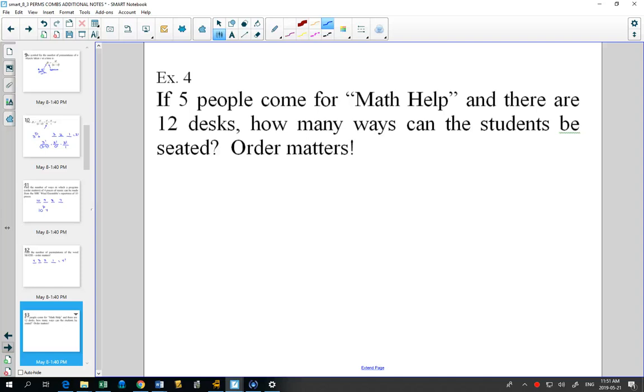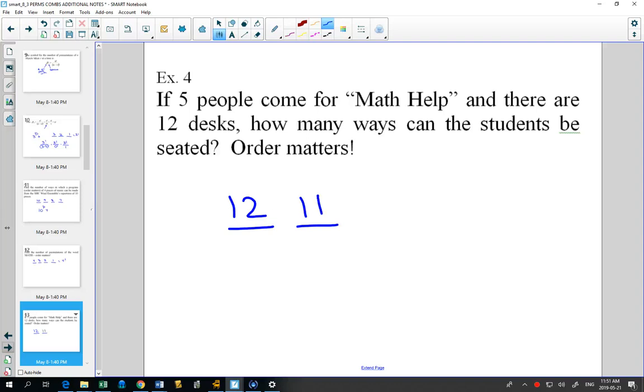Student 1 comes in. They have to figure out where they're going to sit. How many choices do they have? 12 choices, right? Because there were 12 desks. Student 2 comes in. They look. Student 1's already seated. They have a decision to make, right? How many choices do they have? 11. We don't want to put 12 there.